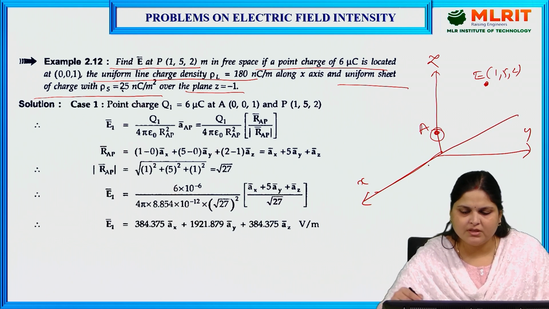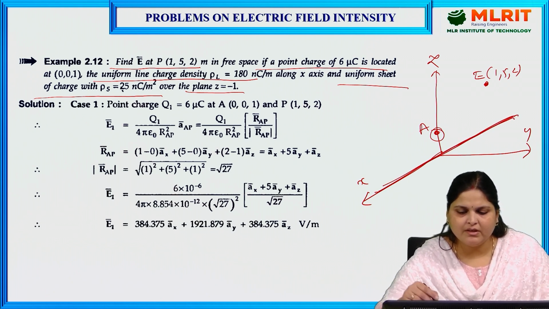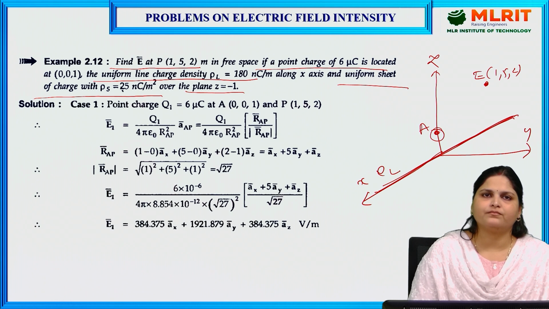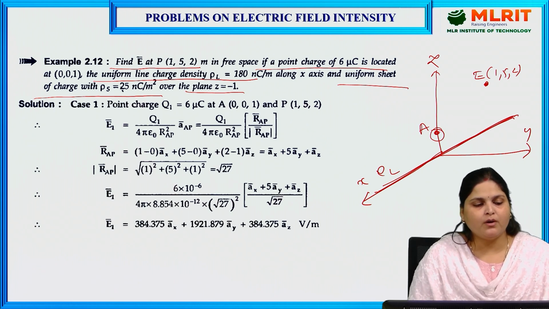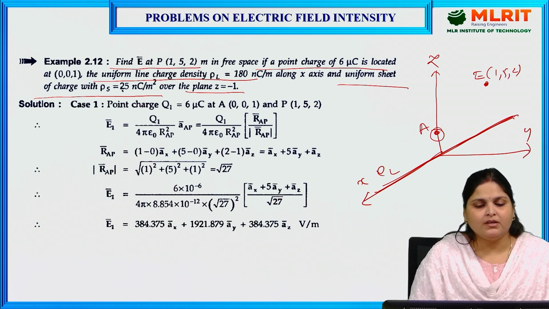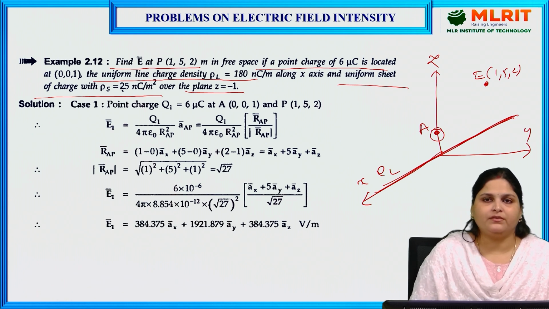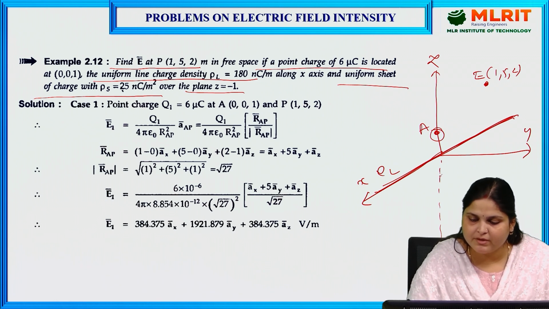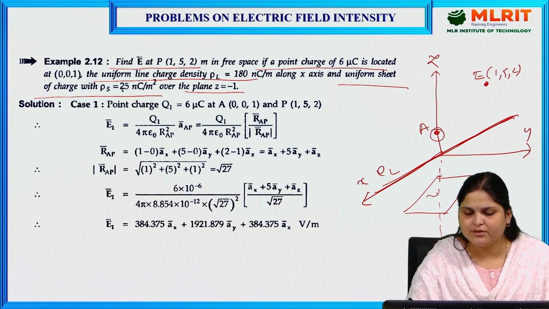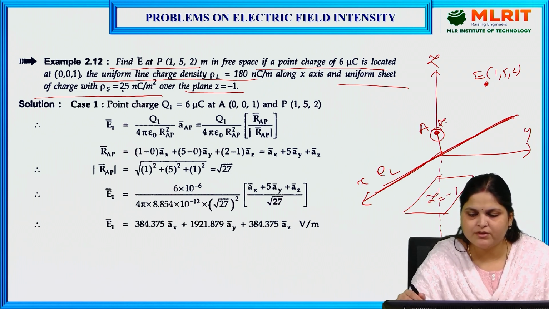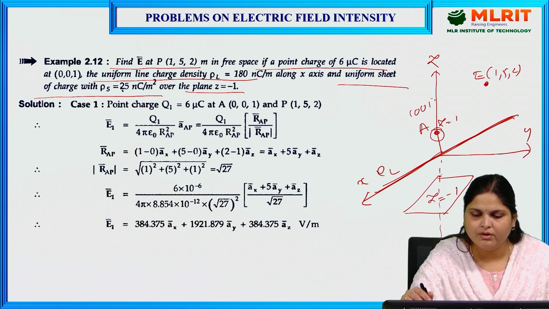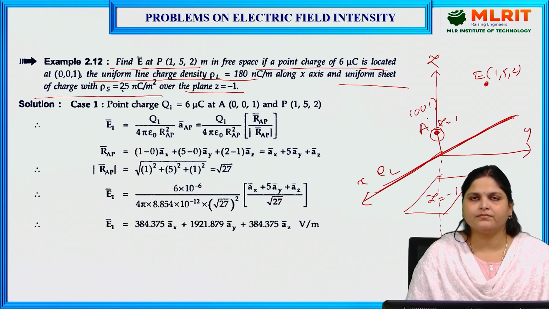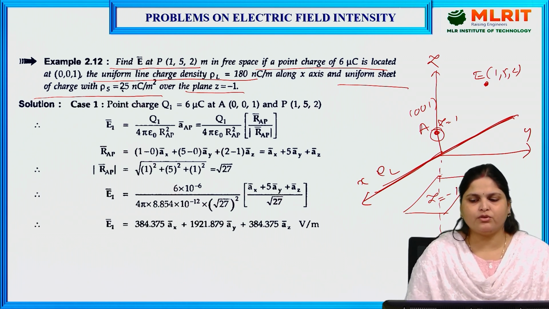Let us suppose this is our line charge rho L. And next they have given the uniform sheet of charge over the plane Z equals -1. Z equals -1 means, this is the negative Z direction, and -1 is, for example, here, this is where the sheet of charge is present. Z equals 1 has coordinates (0, 0, 1). And no coordinates are given for rho L, which means it is lying on the x-axis. So this is the arrangement.